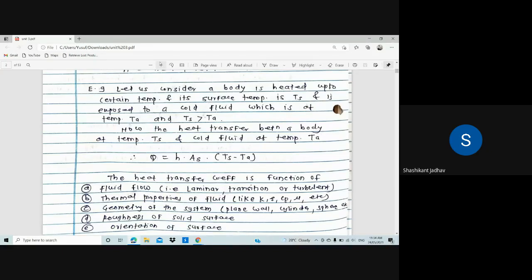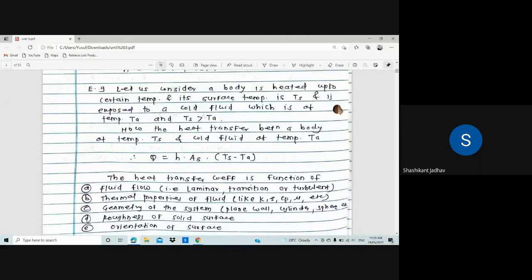Now the heat transfer between a body at temperature Ts and cold fluid at temperature Ta.